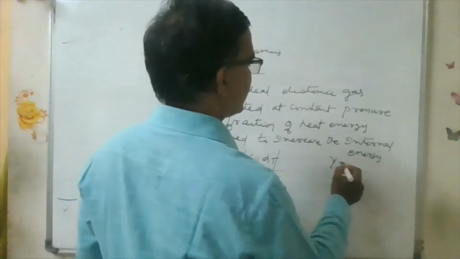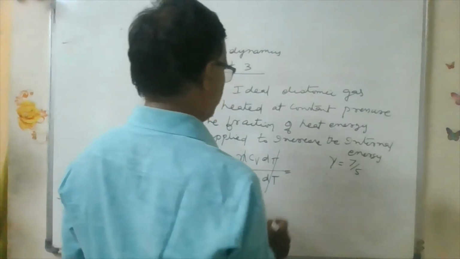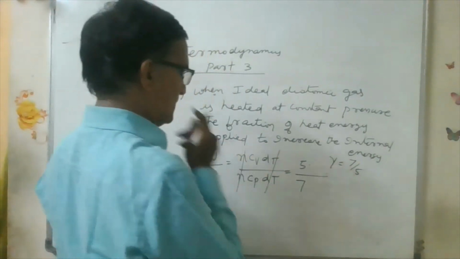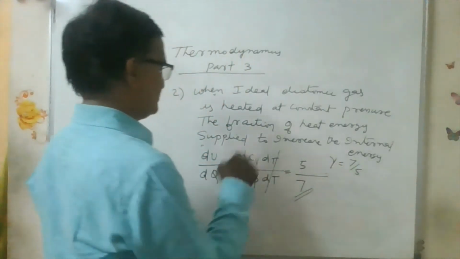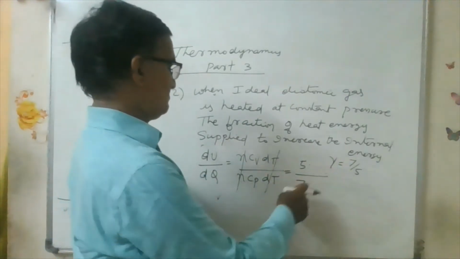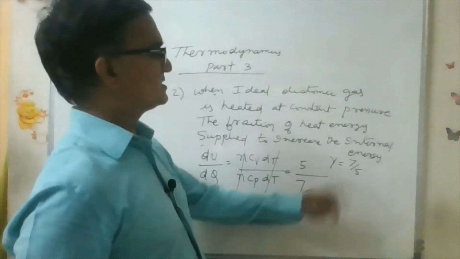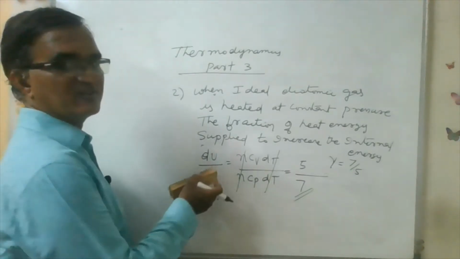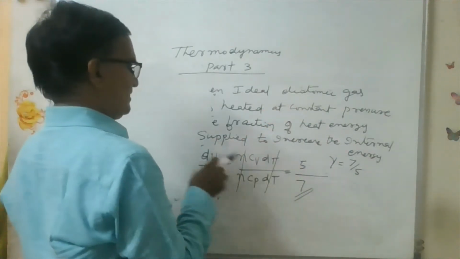But you know gamma for a diatomic gas is 7 by 5, so you'll get 5 by 7. This is the answer. Gamma is 7 by 5, so the reverse we get. Cv by Cp will be 5 by 7. Okay, this is another problem: the fraction of heat energy supplied to increase the enthalpy.